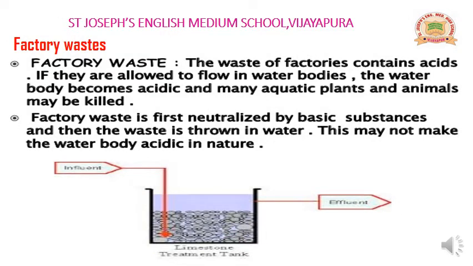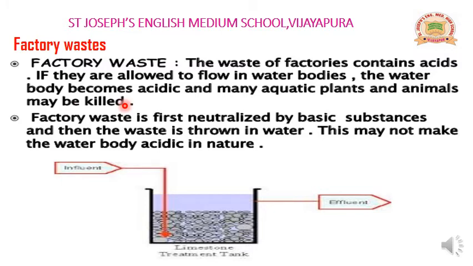Factory waste, how is it neutralized? Let us see how factory waste is neutralized. The waste of factories contains acid. If it is allowed to flow into water bodies, the water body becomes acidic and many aquatic plants and animals may be killed.